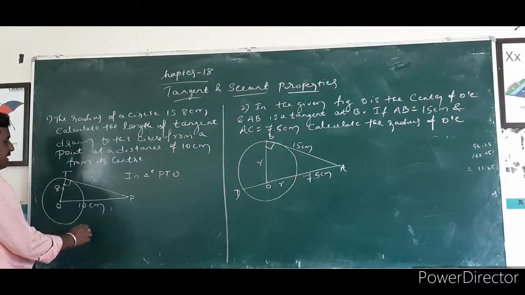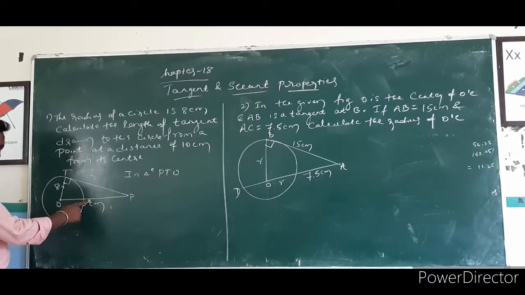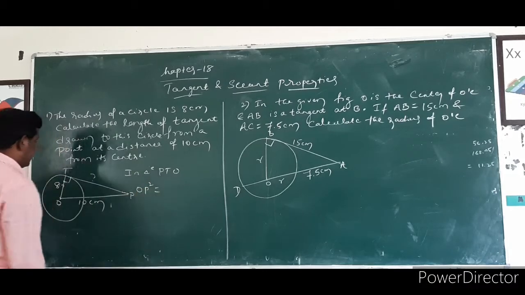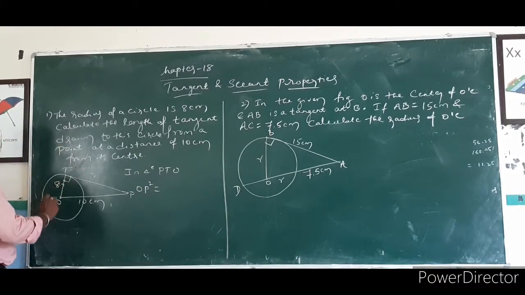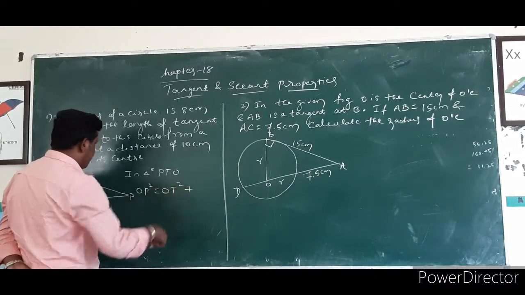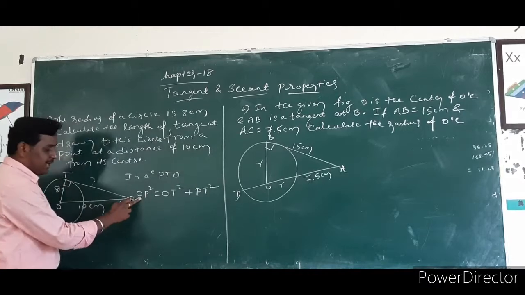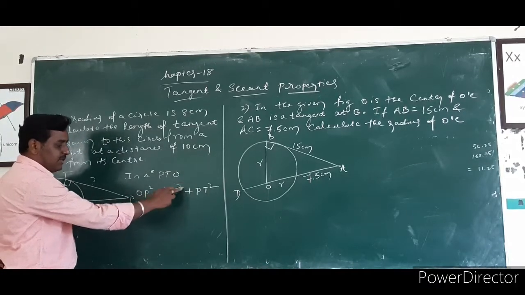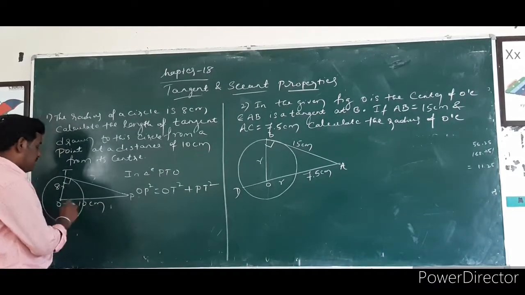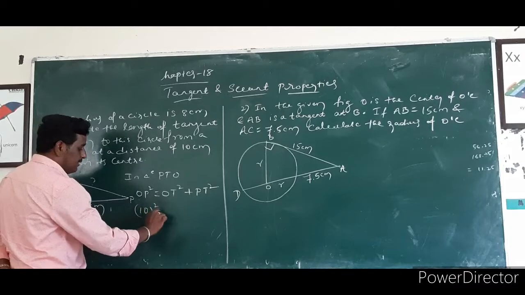In a right angle triangle, the side opposite the 90 degree angle is the hypotenuse, that is OP. OP square is equal to OT square plus PT square. OP square we know is 10 square.